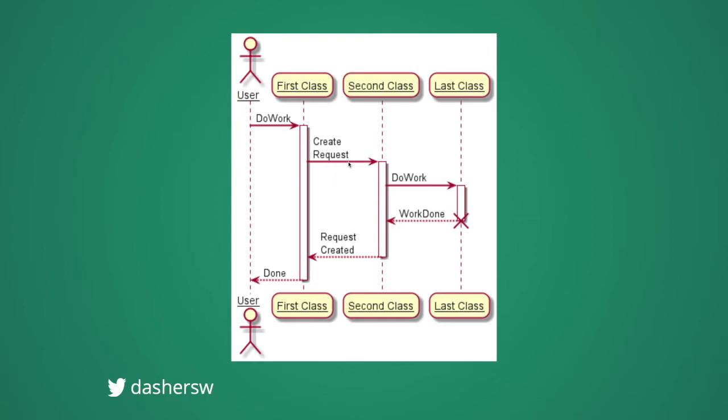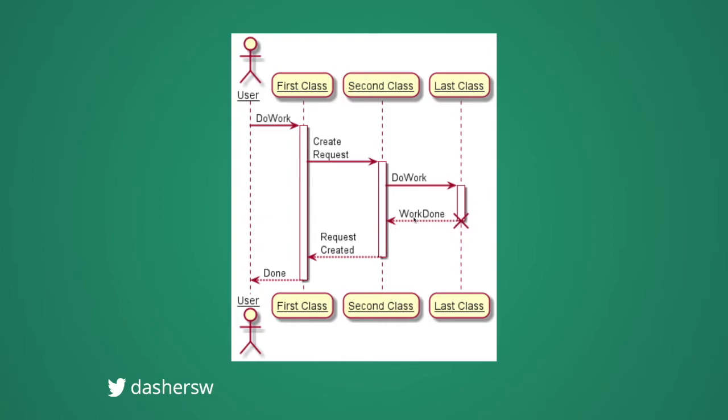It makes a request to the second class. The second class pipes this do work call to the last class. So your do work ends up in the last class, and then the flow terminates here because this is done.